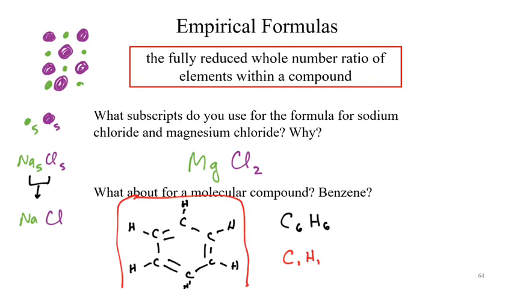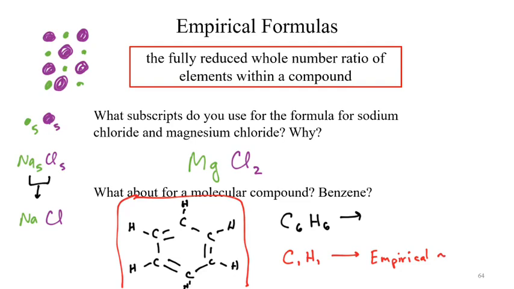Why the per se? Well, it depends. The actual compound is going to be C6H6, but if I go through to study the atoms that are in it, I don't know what that exact ratio is, and what I may end up discovering is what is known as the empirical formula. So the empirical formula is that reduced ratio.